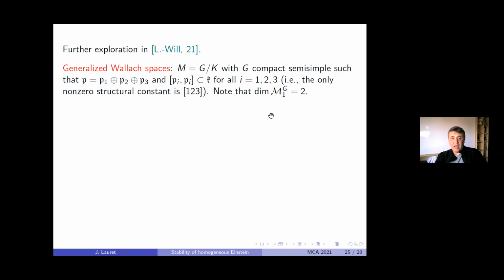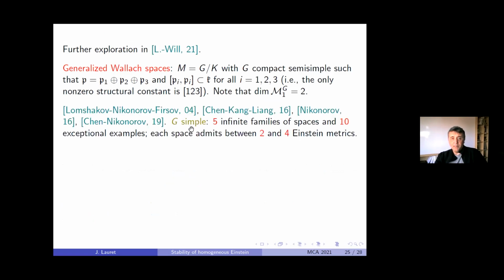They were classified for G simple by these people, and also the Einstein metrics, but you get 5 infinite families and 10 exceptional examples, and each homogeneous space admits between 2 and 4 Einstein metrics. So it's really a huge class of homogeneous Einstein metrics.